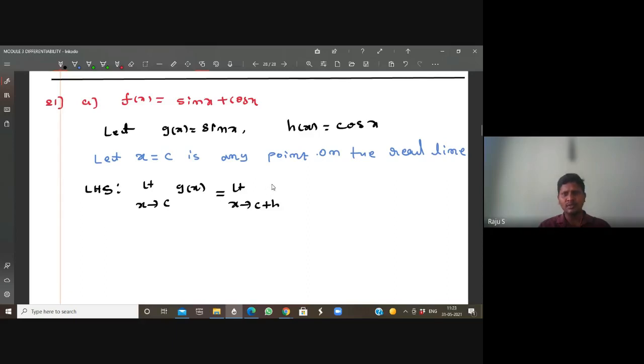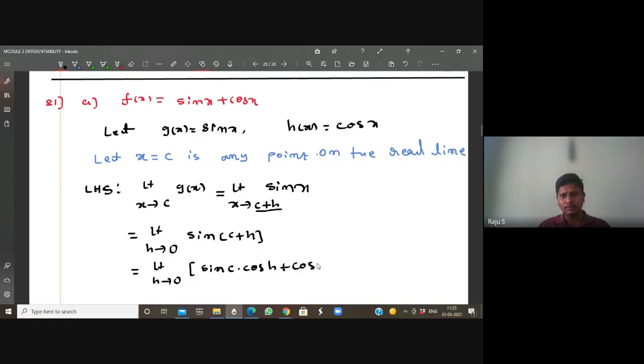g of x is sin x. It is like the previous question. Now I want to change it in terms of h. So limit h tends to 0, replace x by c plus h, sine of c plus h. Then we use the sine a plus b formula, which is sine a cos b plus cos a sine b.